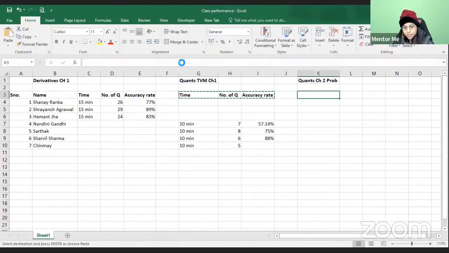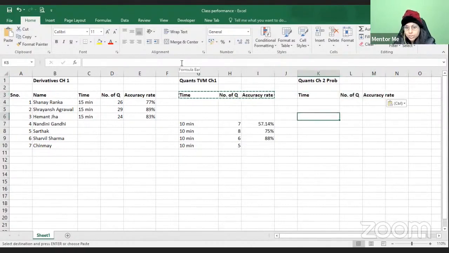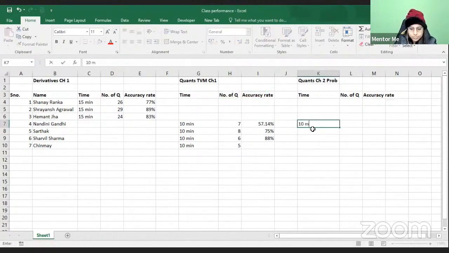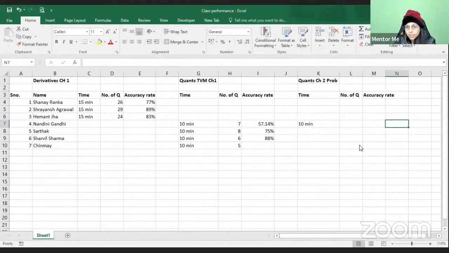So the time that you got was 10 minutes, right? Nandini is already there as part of the list. Time was 10 minutes and the number of questions was 11, and the accuracy was 66.67%.